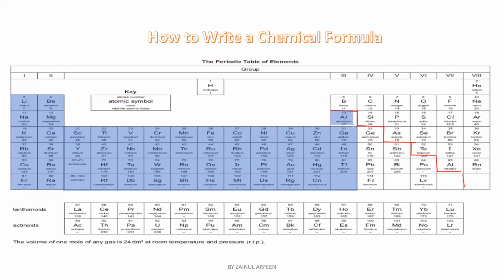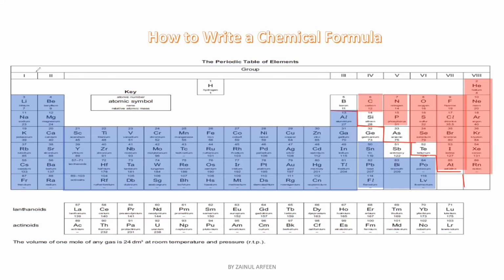On the right hand side, I have elements which are non-metals. So as I mentioned, the non-metals, they have a tendency to gain electron. So their valency will be negative. And metals, they tend to lose electrons, so their valency will be positive.